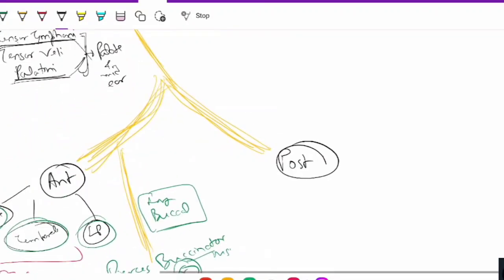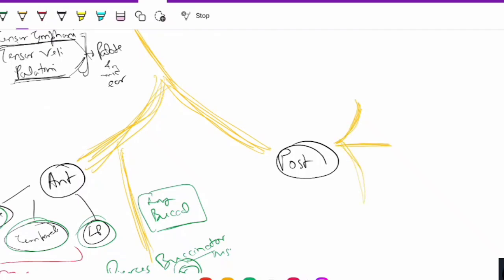It will continue. It will go sideways. It will go straight forward. It will go down. One is your lingual. Another is known as inferior alveolar.